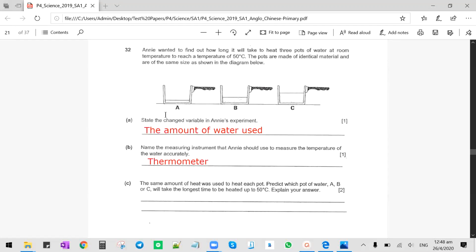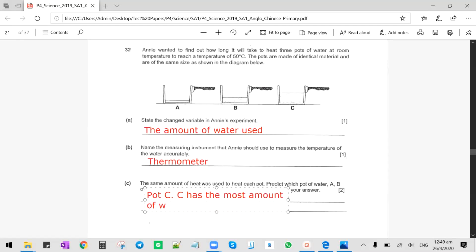Ask yourself, I'm boiling some water. Which one will take the longest time? Of course, C is going to take the longest time, it has the most water. Pot C, because C has the most amount of water in it. That's it. Clear all drawings.